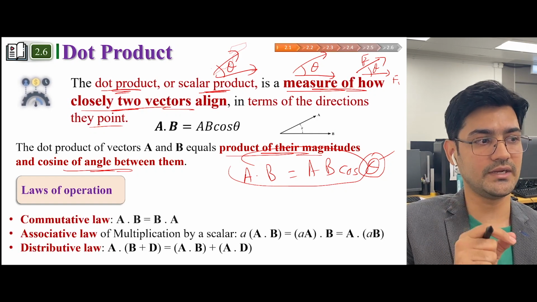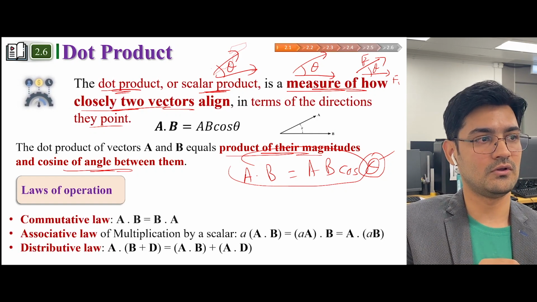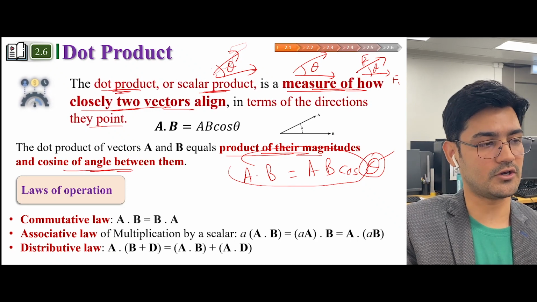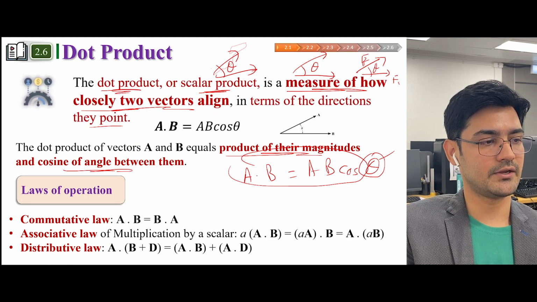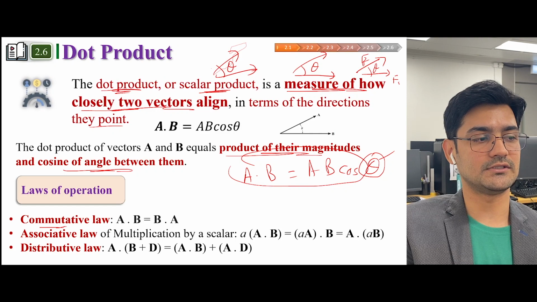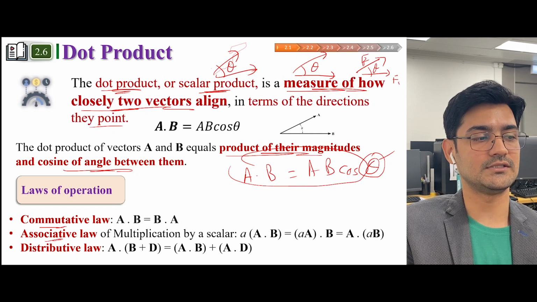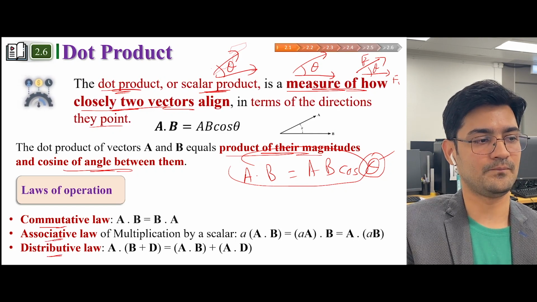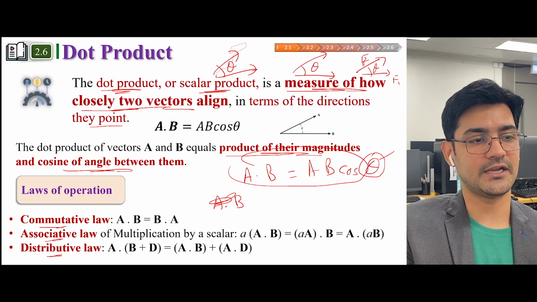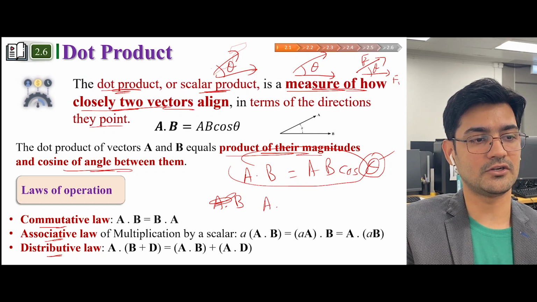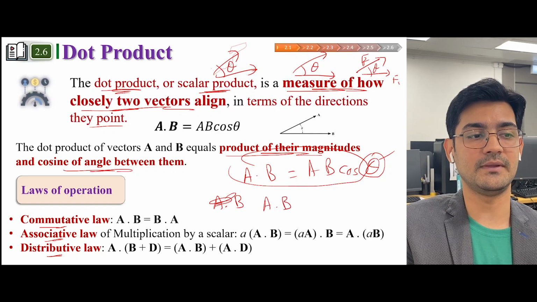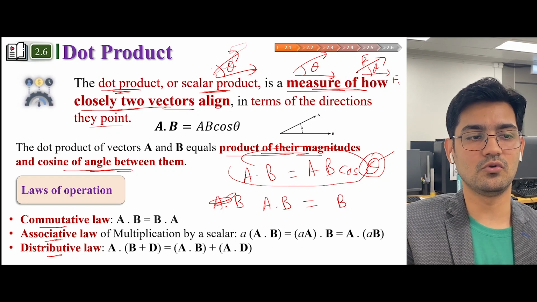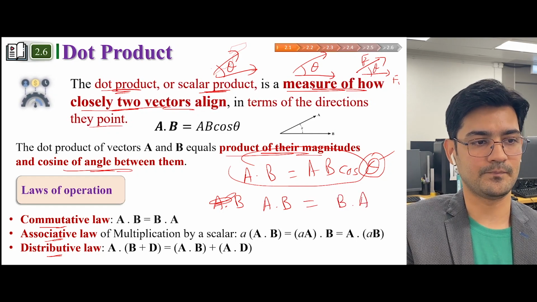Now there are three laws which we need to follow for the dot product. One is the commutative law, another is the associative law, and another is the distributive law. The commutative law states that if you have a dot product of two vectors, a dot b, that would be equal to b dot a.